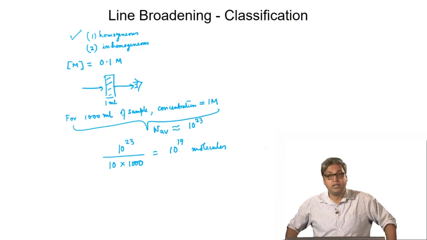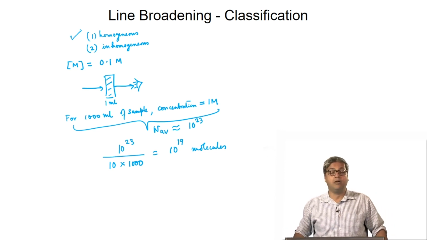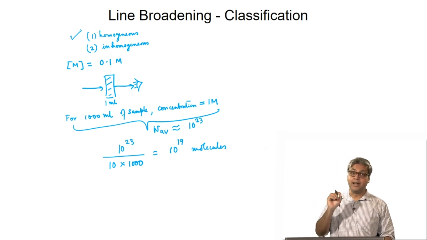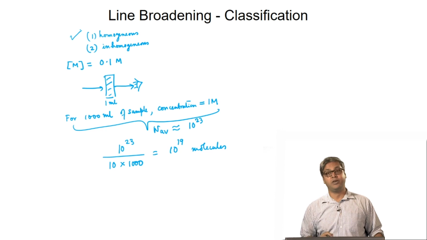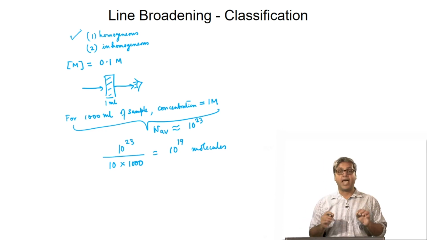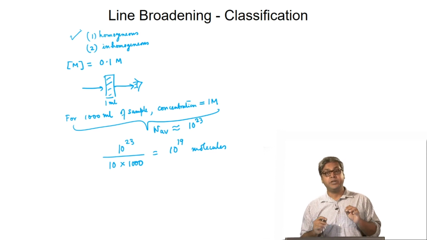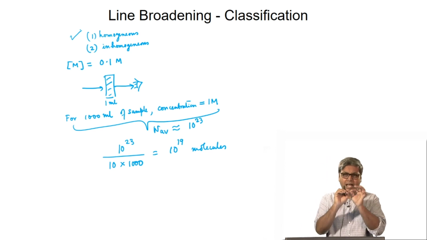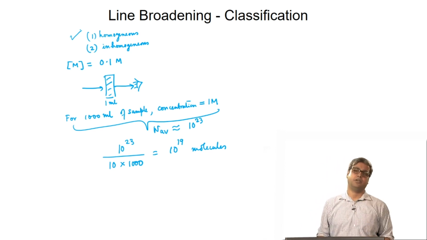In contrast, if the sample is dissolved in a liquid solvent, then disorder inherent in the structure of the liquid provides different solvent environments for the solute. As each solute experiences a slightly different environment, they have a slightly different spectrum.